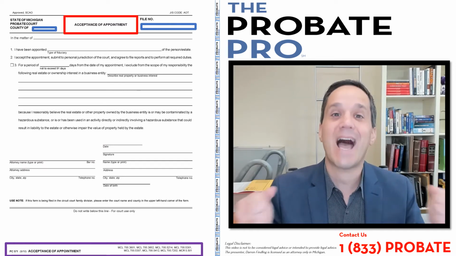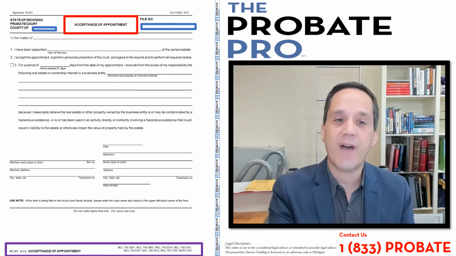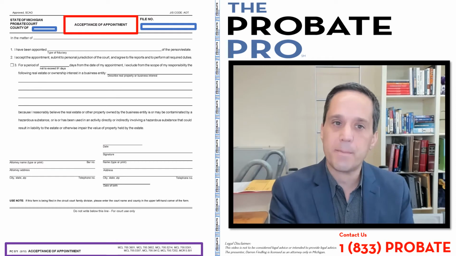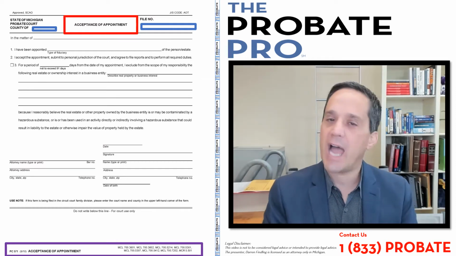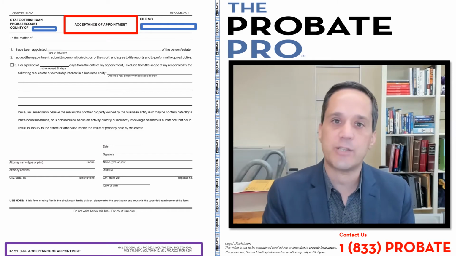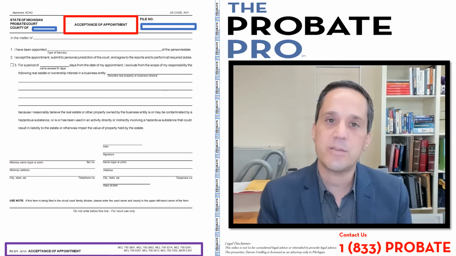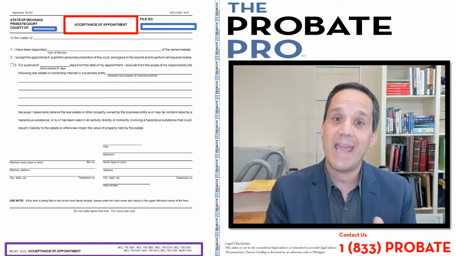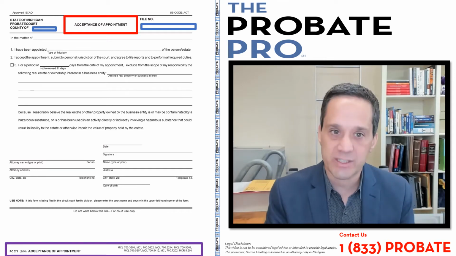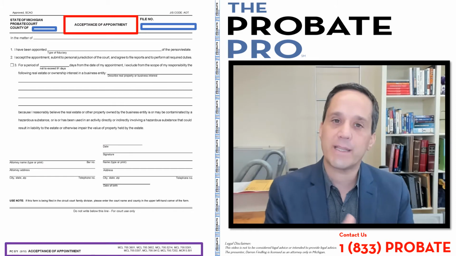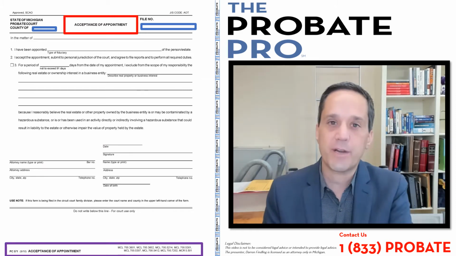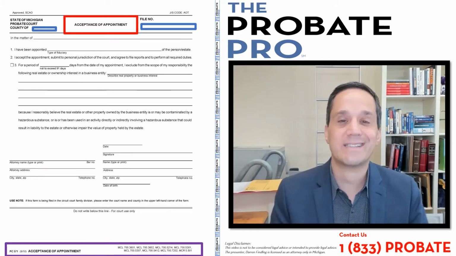This document says, I accept. I am filing the document to accept my appointment. I will take on the role as fiduciary. I'm obligated to follow all of the statutes and court rules that are related to my duties and responsibilities, and I consent to the jurisdiction of the probate court involving affairs that relate to the estate. So 700.3602 addresses that issue.